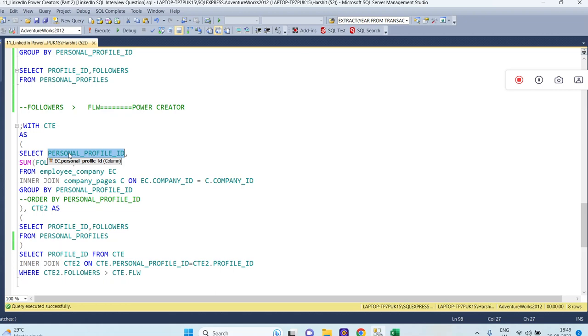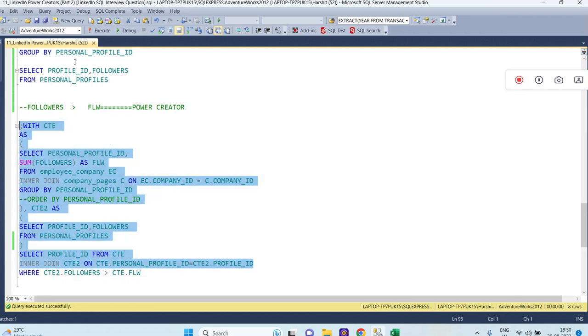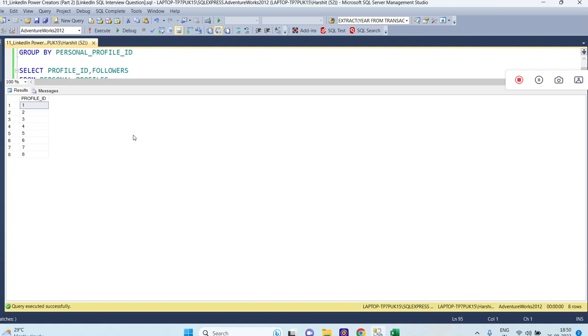Only personal profile ID is common across both the CTEs, personal profile ID and profile ID. This will be the same in both. So we are joining both CTE 1 and CTE 2 based upon this personal profile ID and profile ID. Now only one thing is renaming. Let me select this data.